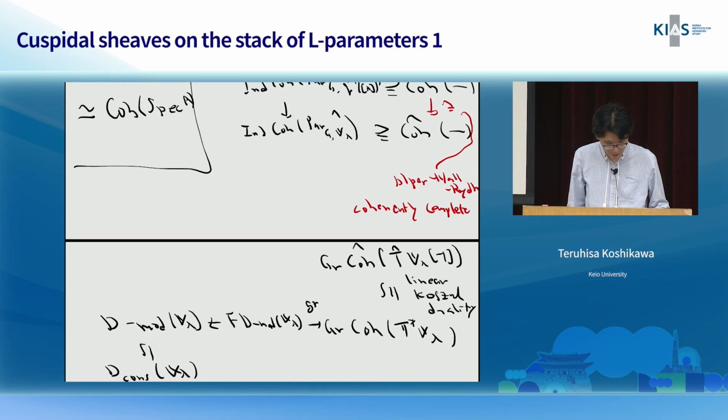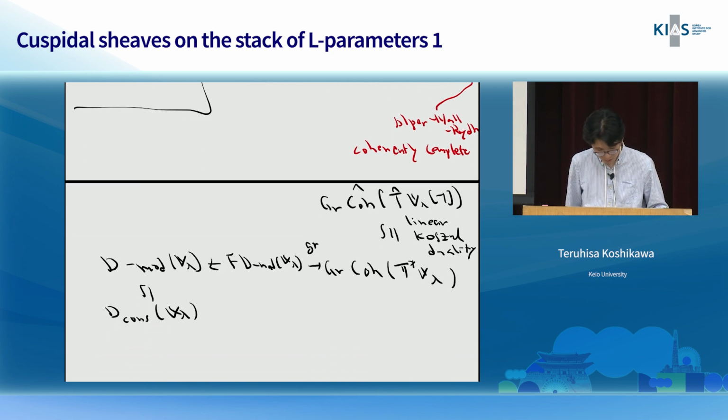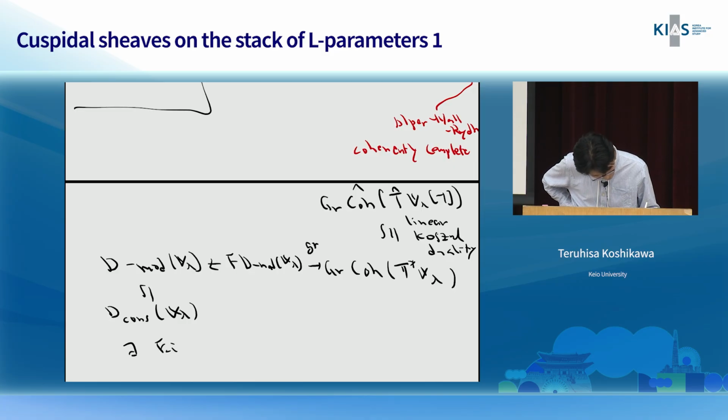So there are several spaces and associated categories. And you can basically define the Eisenstein series functor in each of these categories and can talk about cuspidality or basicness of the sheaves. So there are Eisenstein series in several settings.